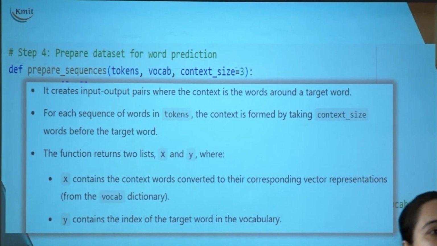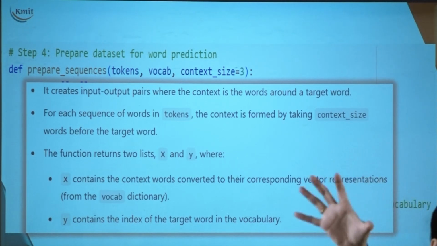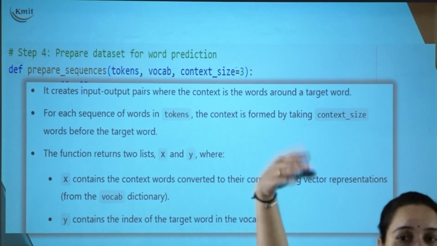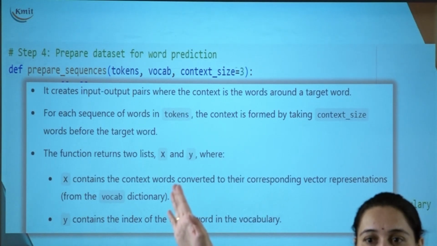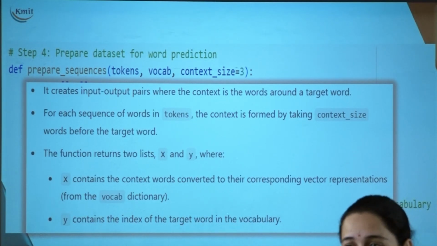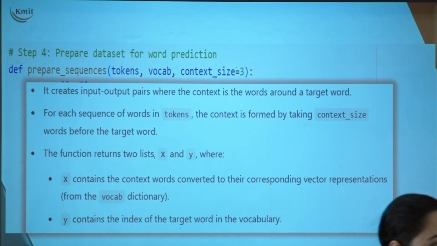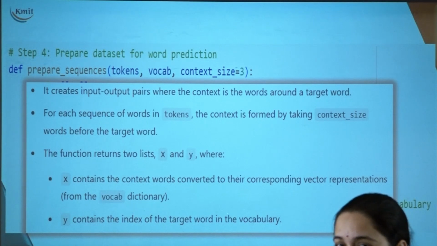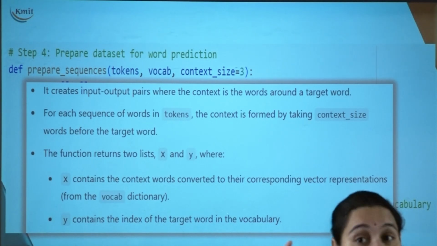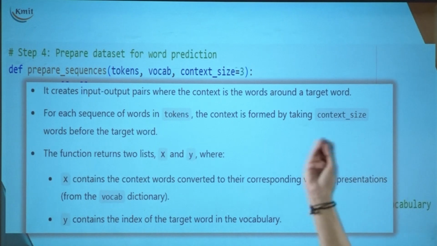The first row will have the first 3 words, and the next word will be your target. Target means you are not storing the word, because now we are not working with words. We are working with numericals. As a machine, you have to give it numericals. So we are giving context vectors, and what am I getting as my output? One more: the target index.